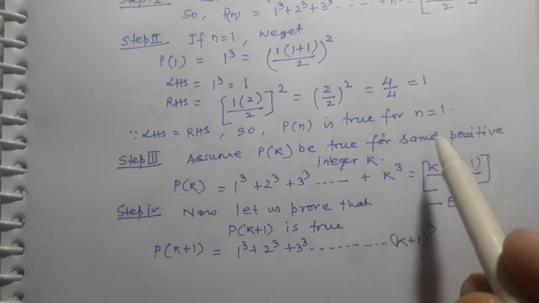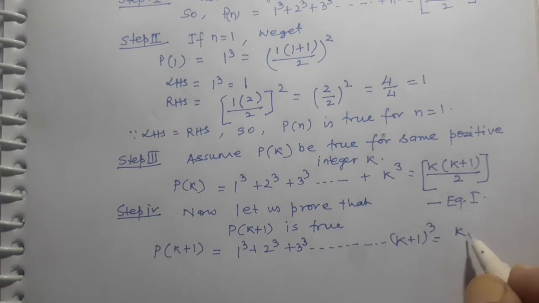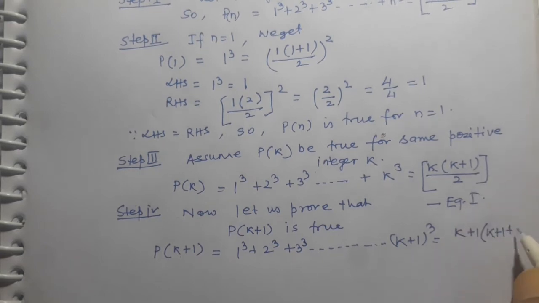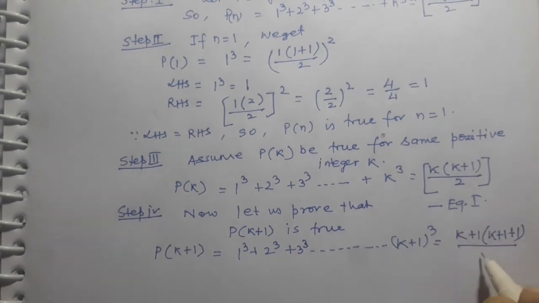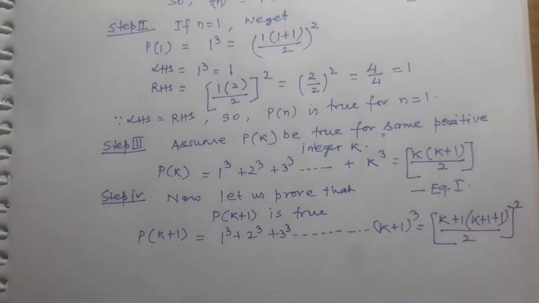At the place of n, we are writing k plus 1 cube, equal to k plus 1 into k plus 1 plus 1 by 2, over all square, right?